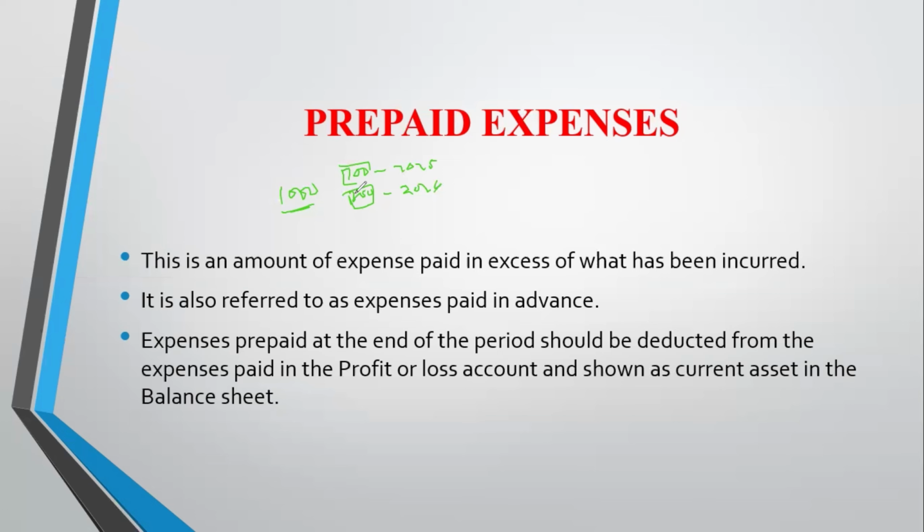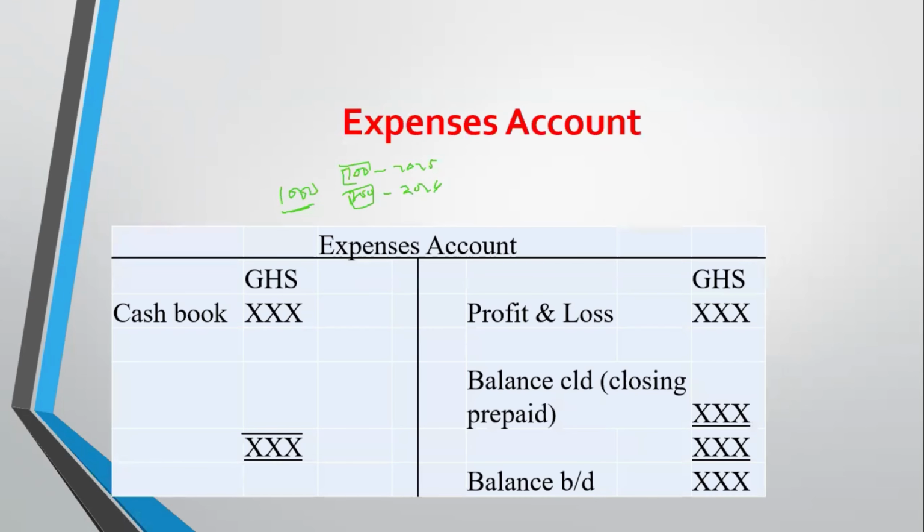So let's look at how the account will look. It's also an expense, but this one is a prepaid expense. When you make payments, you credit your cash book and debit your expenses account. So let me use that same amount again.